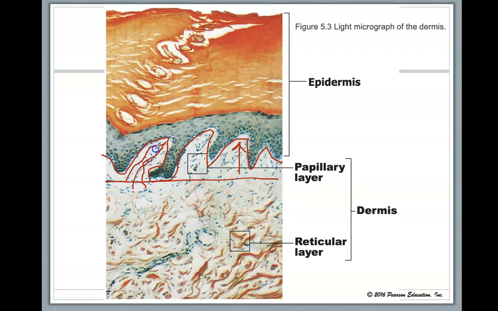And that way it maximizes our surface area by which nutrients can be passed on from cell to cell, from the dermis into the epidermis. So you'll see that these dermal papilla are quite vascular. And it makes sense, right? Because you want to maximize your surface area to be able to share nutrients with the epidermis.